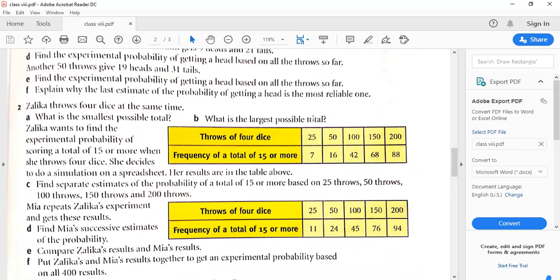The largest possible total is 24, because 6 plus 6 plus 6 plus 6 is 24, because in a dice there are 6 faces. So the smallest is 4 and the largest is 24.